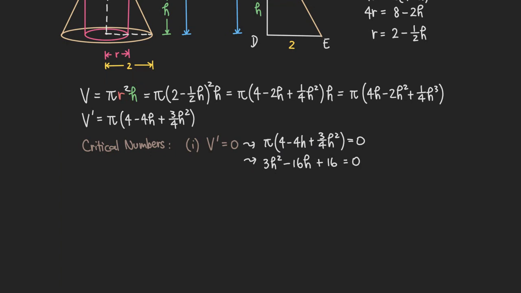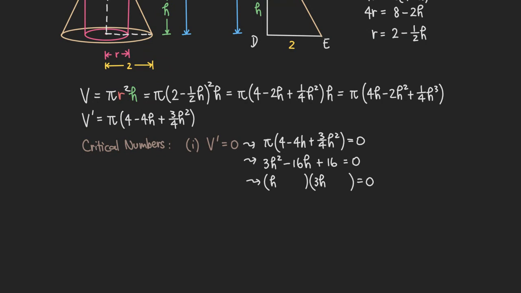And if we're solving this equation, we can factor it, right? Actually, we can factor this. How do we factor? Let's just do the quick check right here. We want two numbers that we multiply to 3h squared. So one of them should be h. The other one should be 3h. Okay.